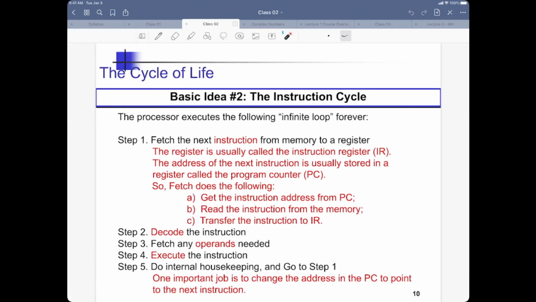Now, the next idea that we are going to explore is the life cycle of an instruction. So this applies to all the instructions, no matter what kind of instruction it is. I'll give you guys a few examples. You can have an instruction to add. You can have an instruction to do any of the arithmetic operations or the logical operations. You can have an instruction to branch.